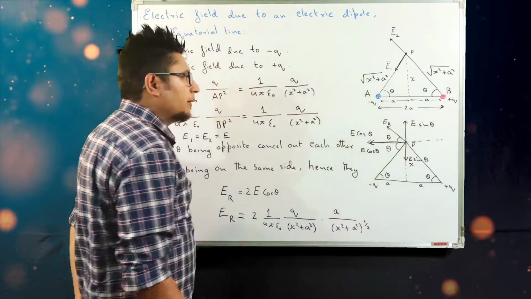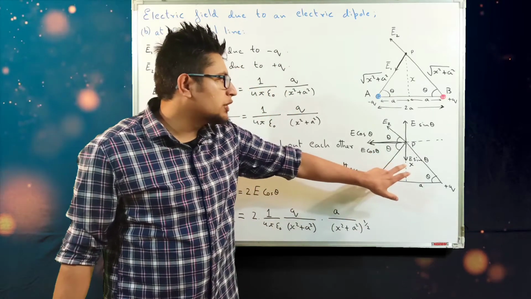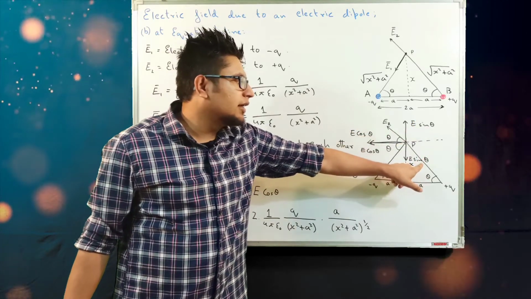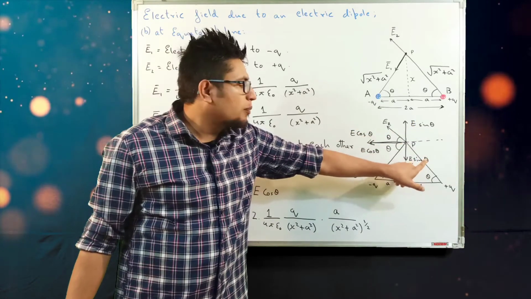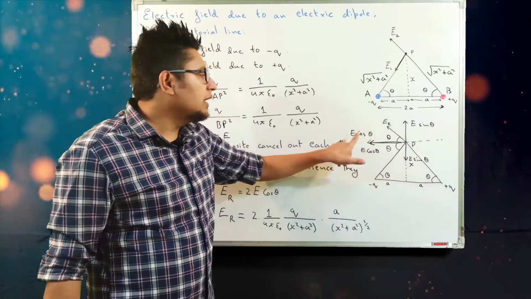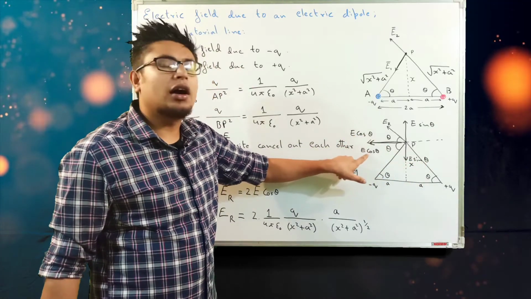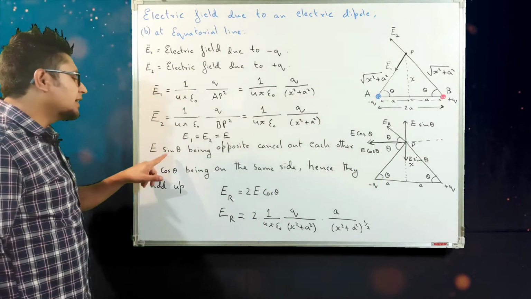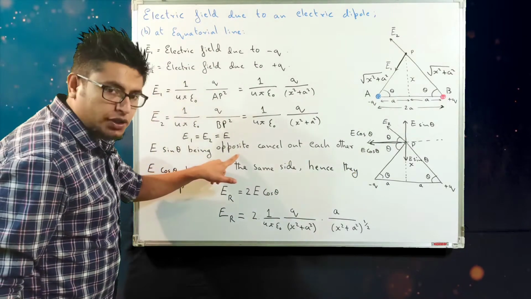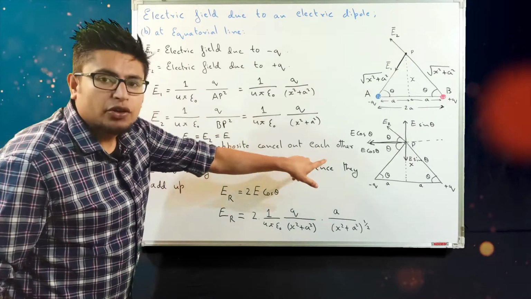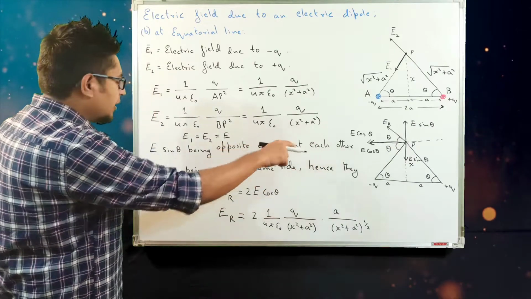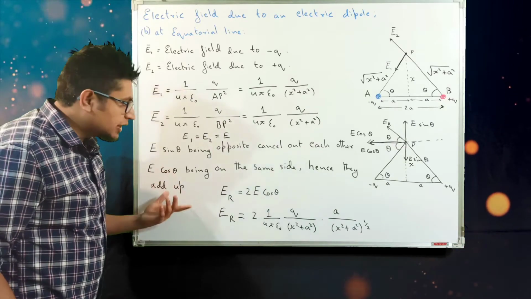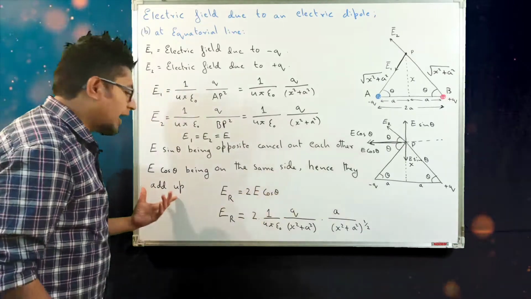So in this diagram you see that E sin theta and E sin theta act in opposite directions, whereas E cos theta are in the same direction. Therefore E sin theta, being opposite, cancel each other out. We consider E cos theta, and since they are on the same side, they add up.